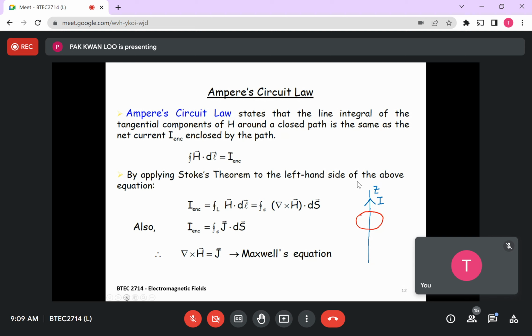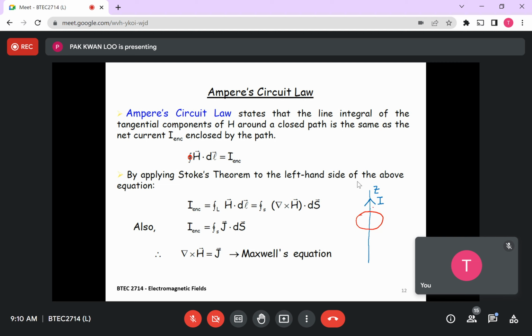This represents a closed path. And the idea of how we apply Ampere's law is the same. We have to look for current distribution, and the current distribution has to be uniform and symmetrical.